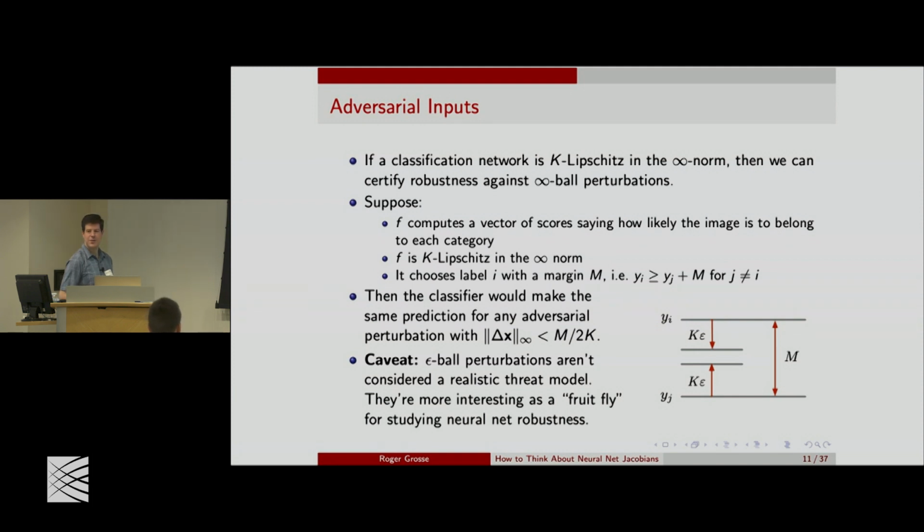What can the adversary do? Well, if they can perturb the image with an infinity norm of epsilon, and the Lipschitz constant is k, then the adversary can bring down the score of category i by k times epsilon, and it can bring up the score of category j by k times epsilon. So as long as epsilon is less than m over 2k, then you're guaranteed that the network will still make the same prediction regardless of the perturbation.